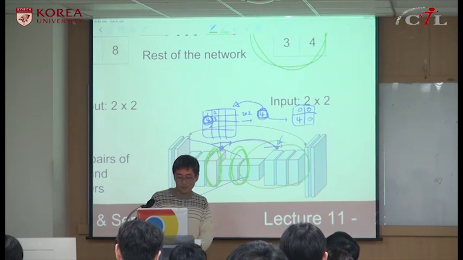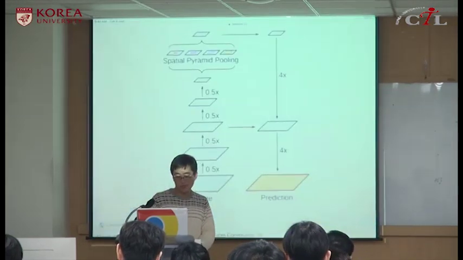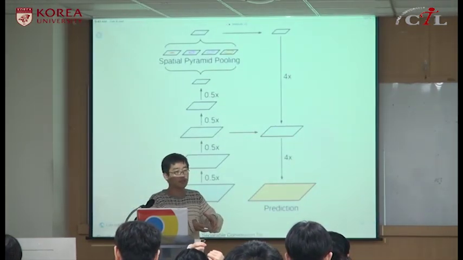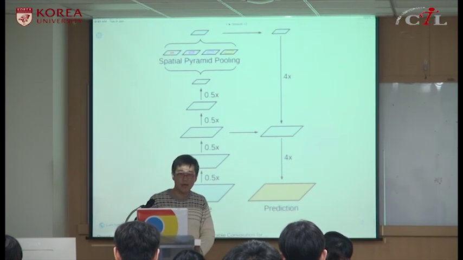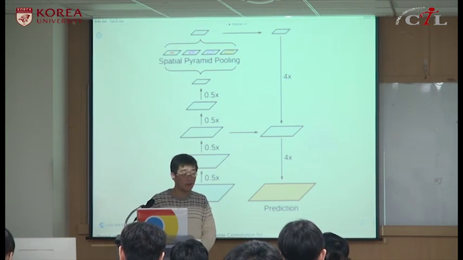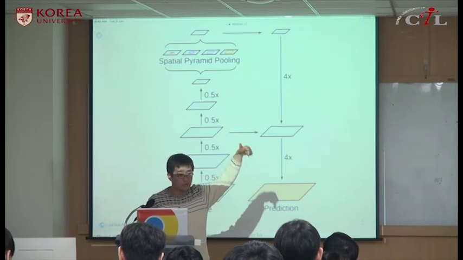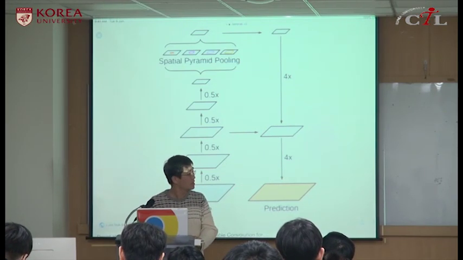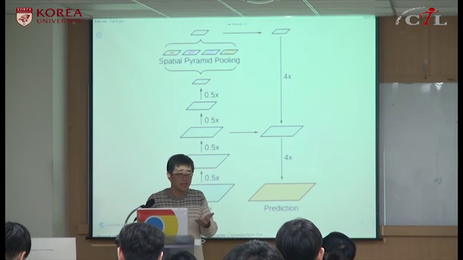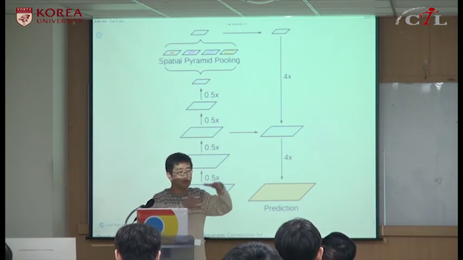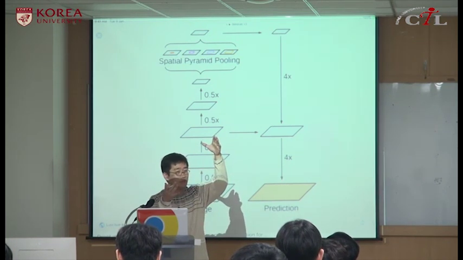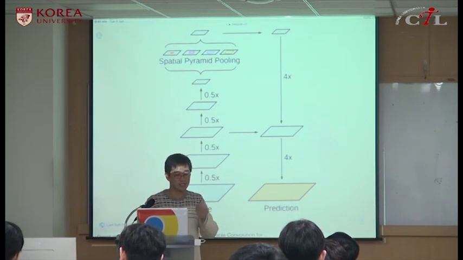But in DeepLab version 3, they replaced this deconvolution for upsampling with bilinear upsampling. So now this decoder part no longer has any trainable part, right? It is simply upsampling using bilinear interpolation.